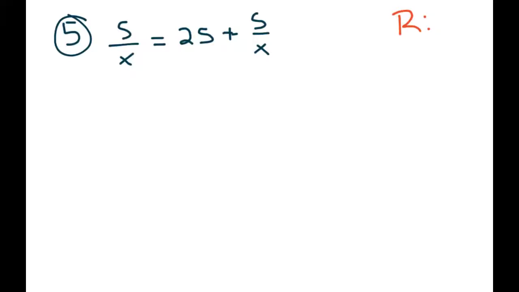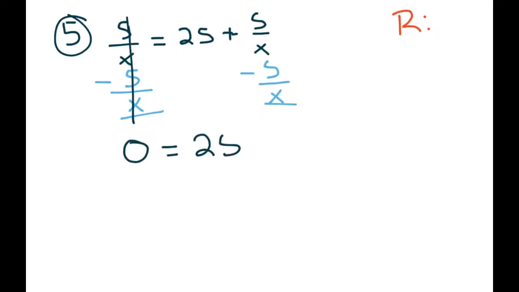Well, right off the bat, I notice that I do have two things that are the same. So I am going to go ahead and subtract 5 over x from both sides. I'm going to try to get both of these x terms on the same side. Well, when we do that, 5 over x minus 5 over x cancels each other out.